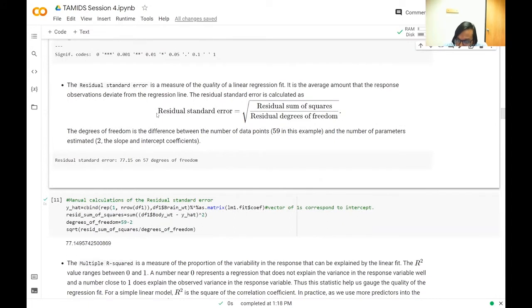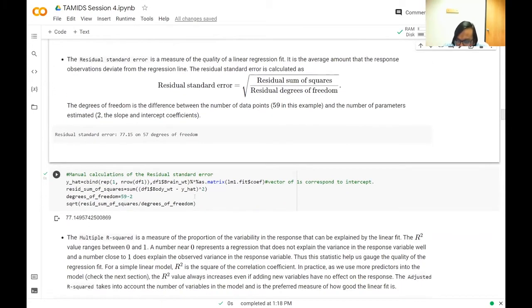Now, if you'd like to calculate this residual standard error manually instead of letting R do it, we can have a look at the following code here. We have a cbind function which binds 2 columns together. The first column is a vector of 1s that corresponds to the intercept term, and the second column is the predictor variable. And then we can multiply it with the regression coefficients, which you can extract by lm1.fit$coef.